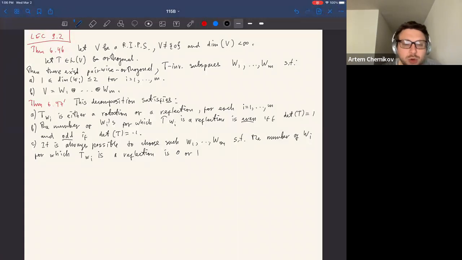So we need to use at most one reflection among all these restrictions.